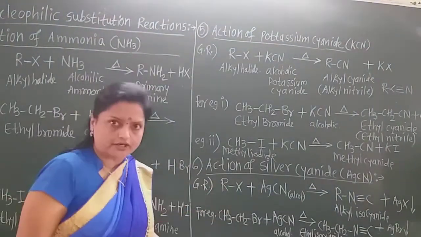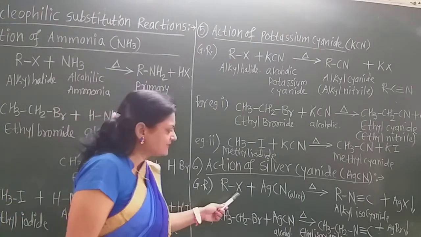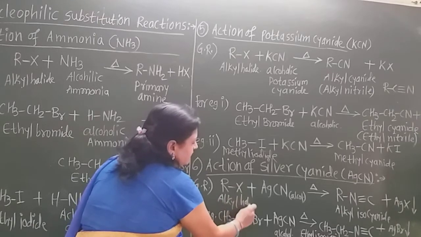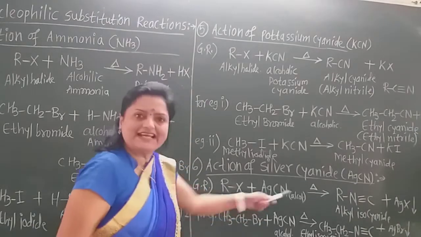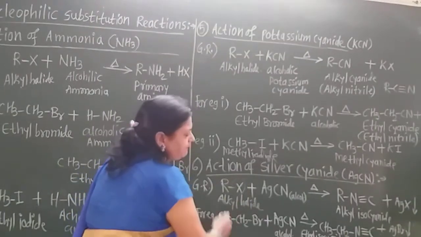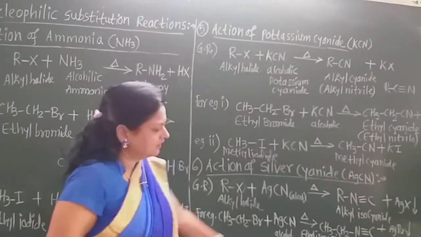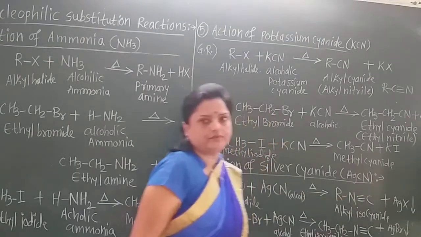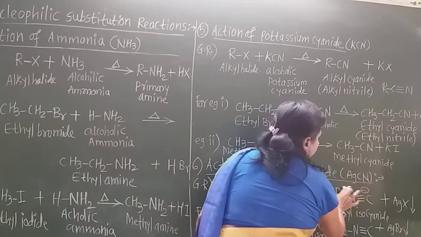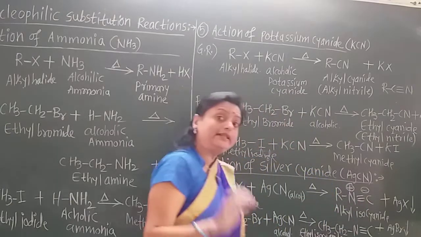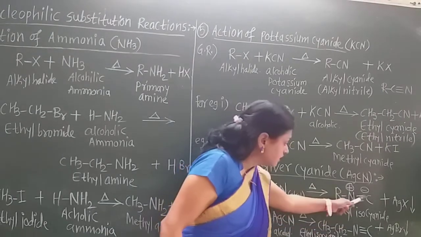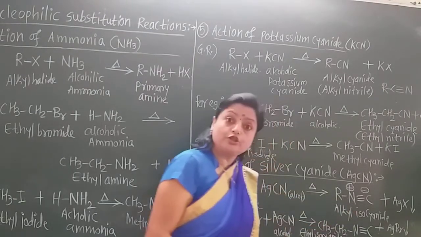Now see the product. What are the products? Now this is RX, alkyl halide. This is the general reaction. When it reacts with alcoholic silver cyanide on heating, what happened? This X is replaced by this NC, N triple bond C. Now here is the plus and here is the minus charge, because we know that carbon has 4 bonds, but here nitrogen has 4 bonds around it.